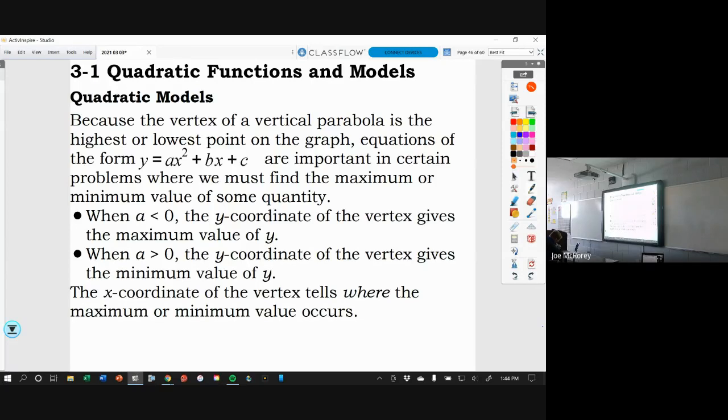The x value, the axis of symmetry, tells you where that's going to happen. The y value tells you what that maximum or minimum value is.